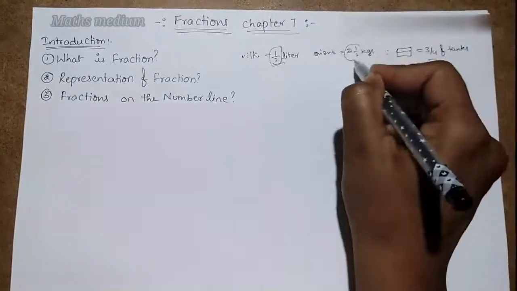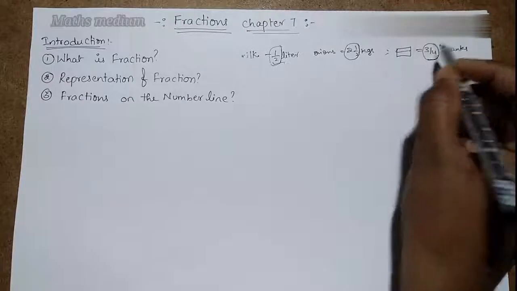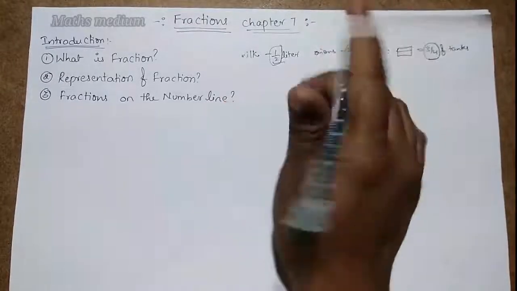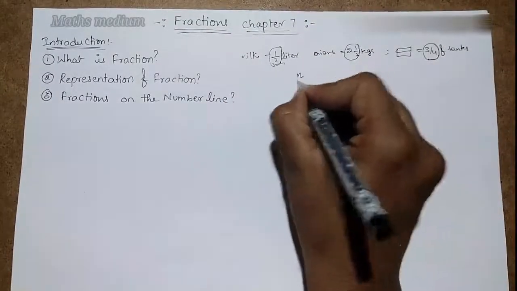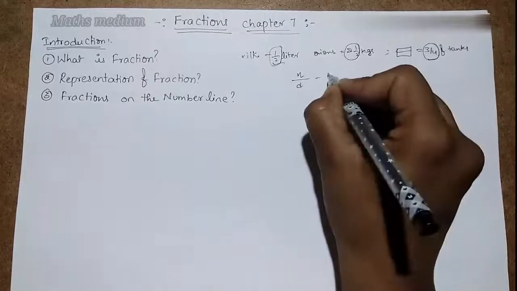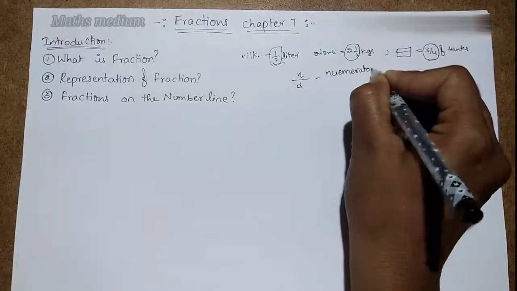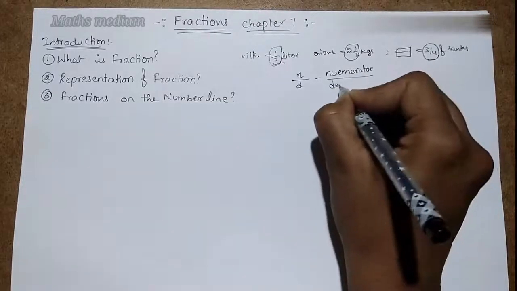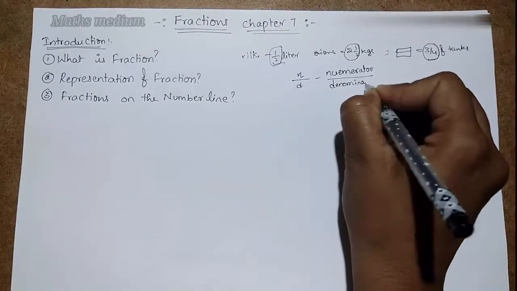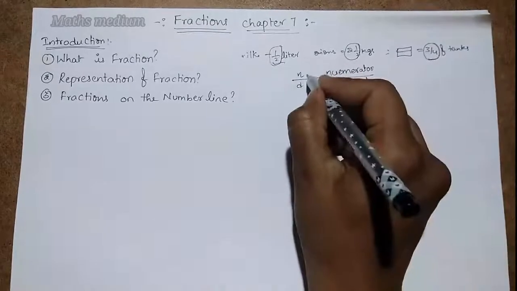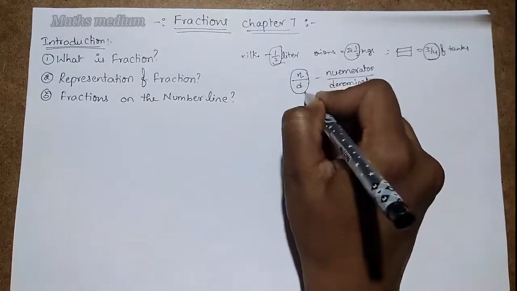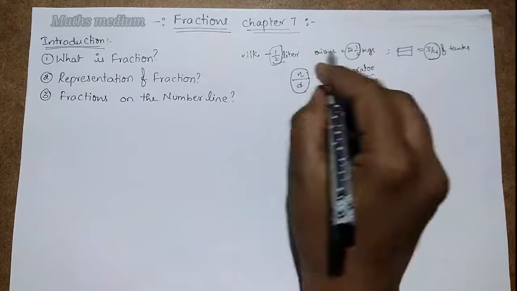These are denoted as fractions. So a fraction is nothing but it is in the form of numerator by denominator. Here it is numerator by denominator. So in terms of numerator and denominator, it is said to be a fraction.